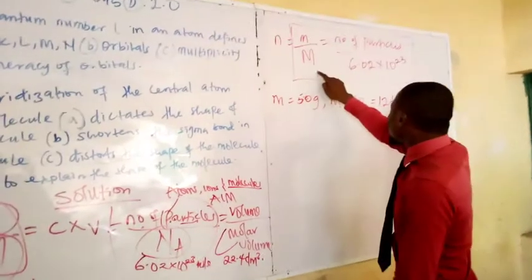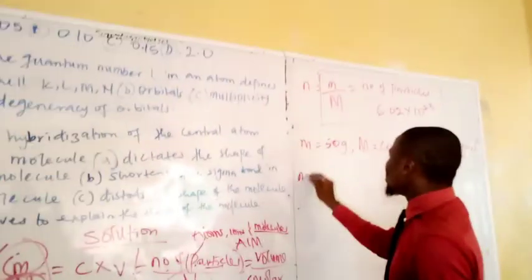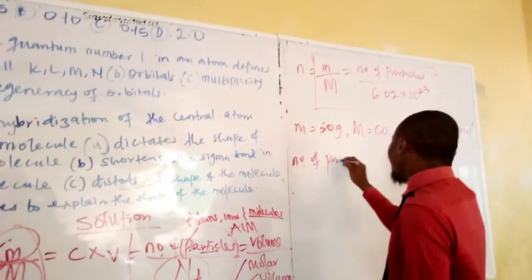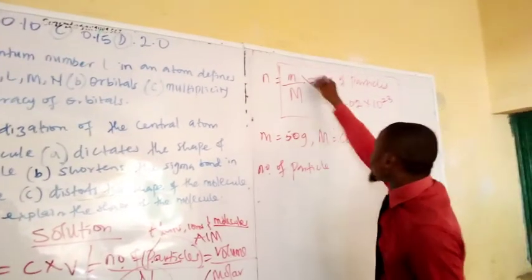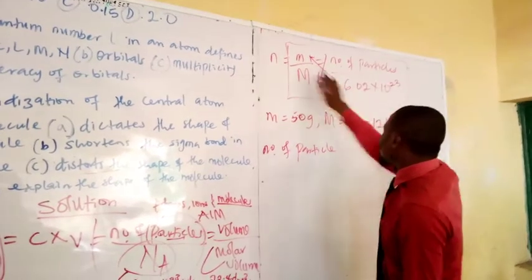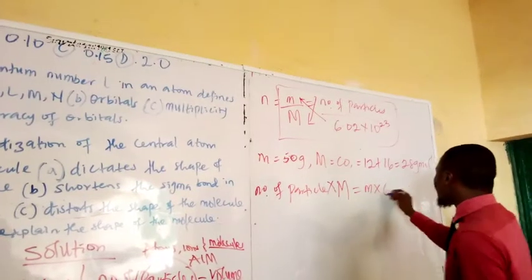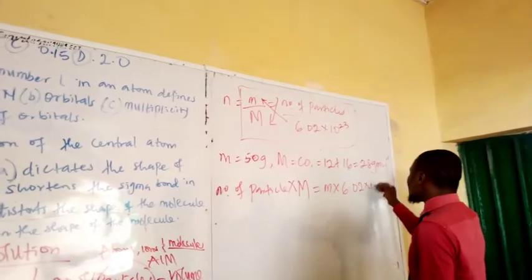We've gotten this, we've gotten this. We need the number of particles. If you solve this mathematically, you are going to cross multiply. That means number of particles times molecular mass is equal to mass times 6.02 times 10 raised to the power 23.